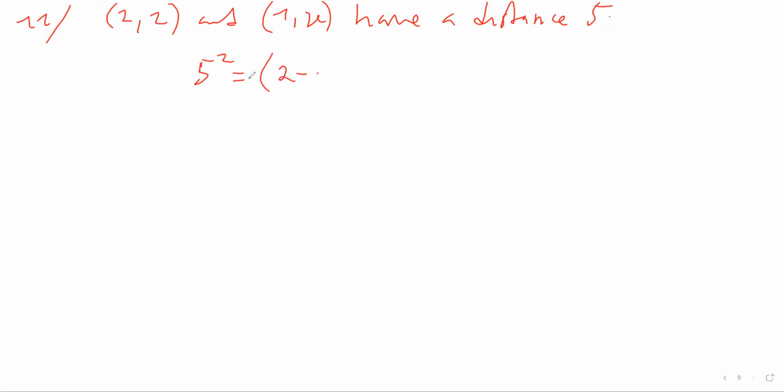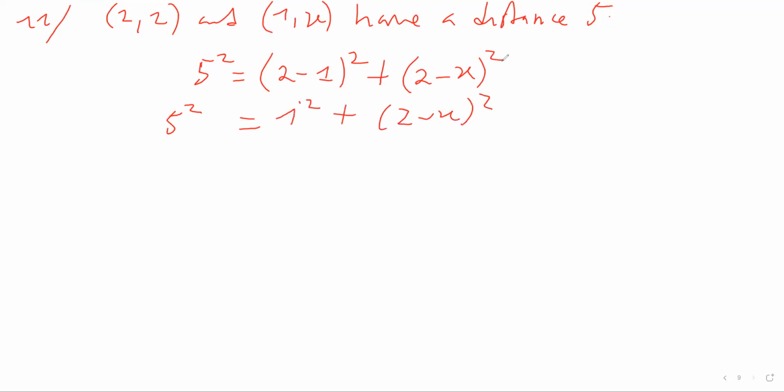So to find x, what we do is we know that 5 squared is equal to (2 minus 1) squared plus (2 minus x) squared. Okay, so this is 5 squared, 1 squared plus (2 minus x) squared.